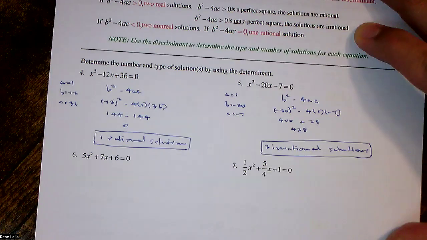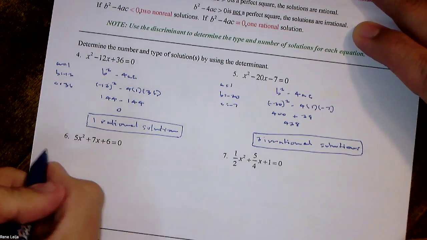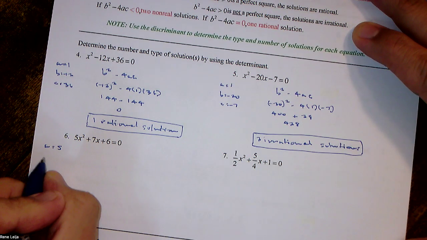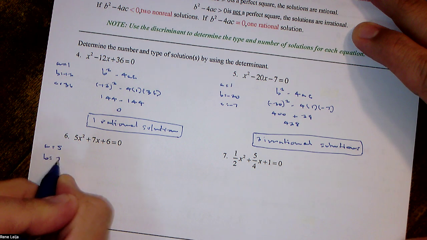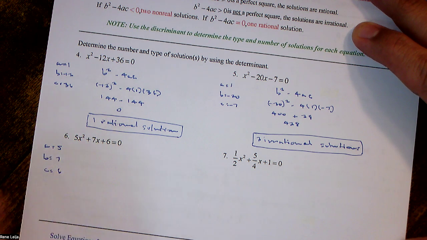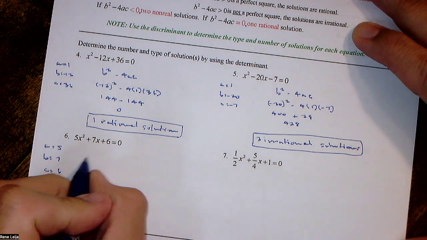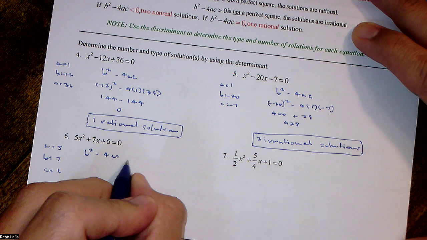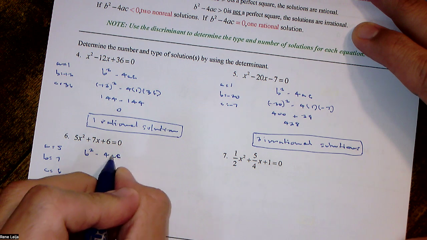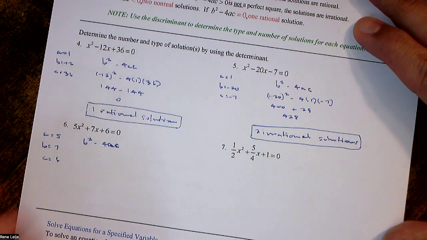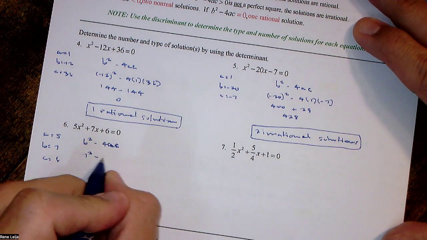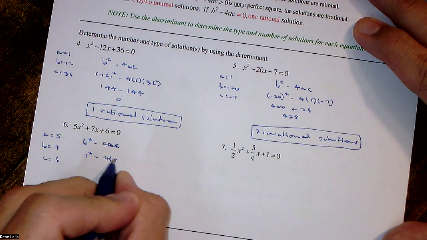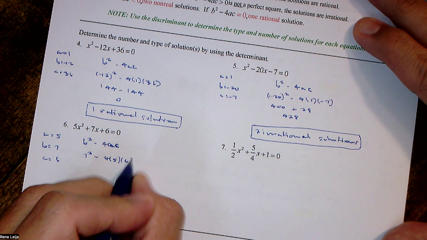Okay. Now number 6, A is 5, B is 7, C is 6. So B squared minus 4 times A times C. All right, so 7 squared minus 4 times 5 times 6.